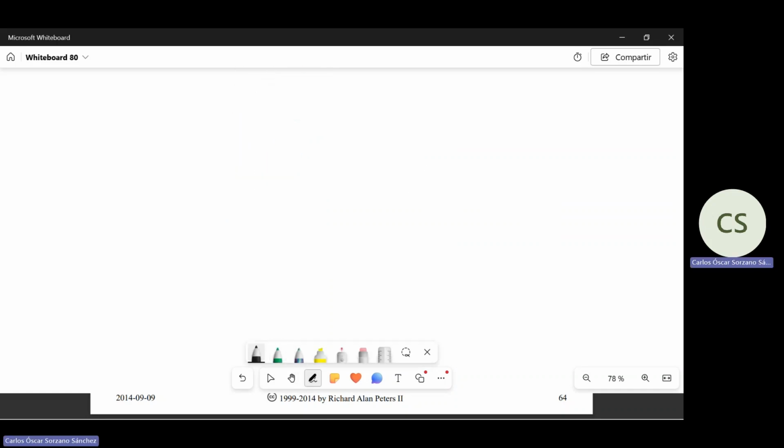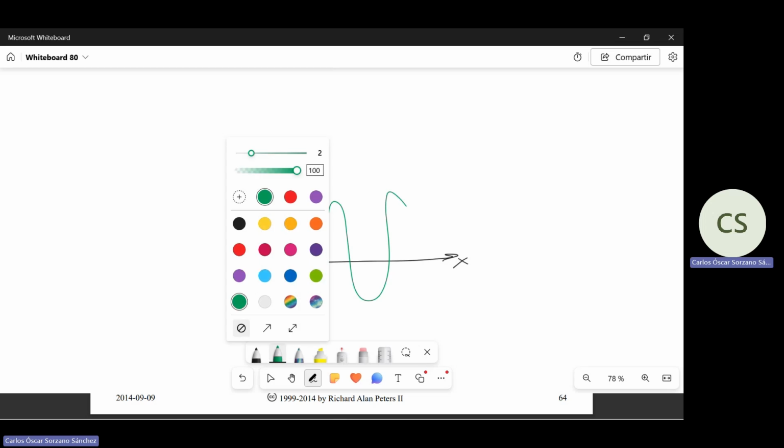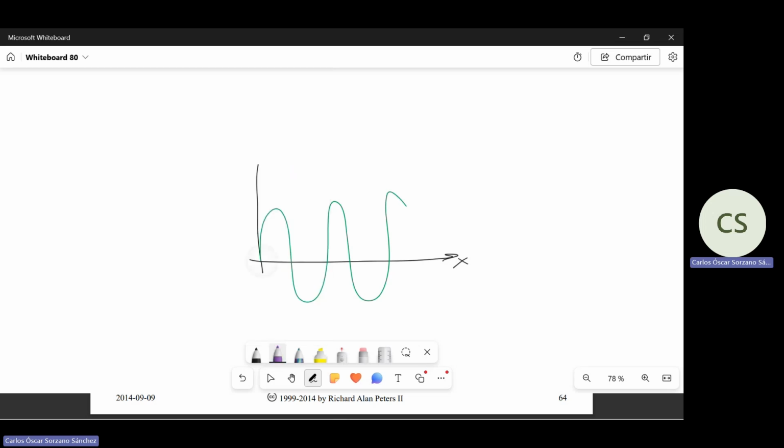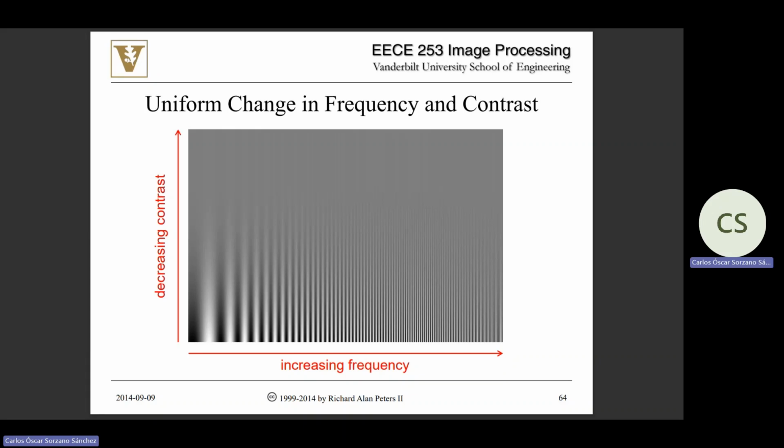This is the spatial coordinate, say x, and what we are seeing is a kind of sine. As we travel in that direction, we are making the sine weaker. So the difference between maximum and minimum is smaller. Do you remember that we said the contrast is the difference between maximum and minimum? So in this direction, we are decreasing the contrast.